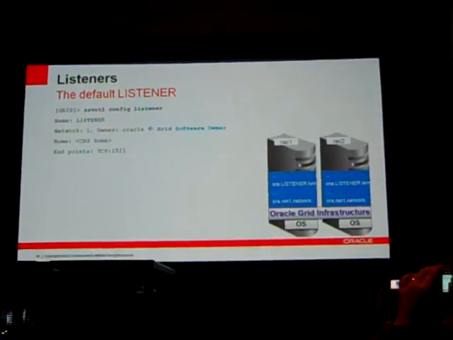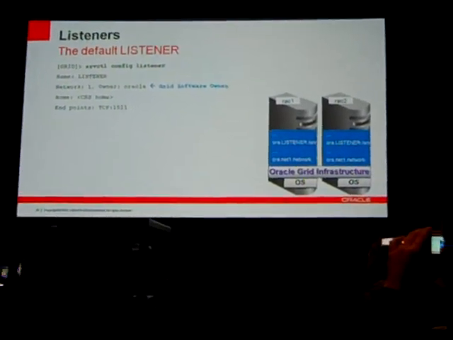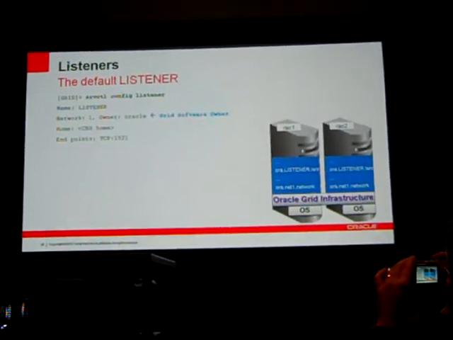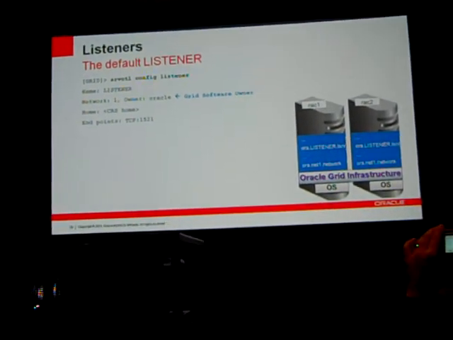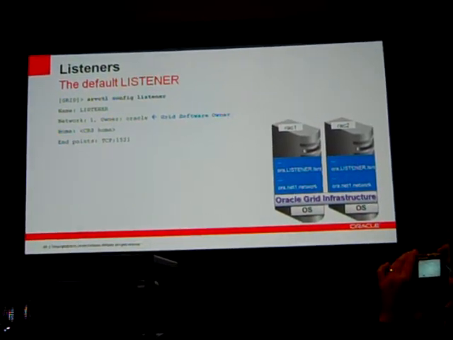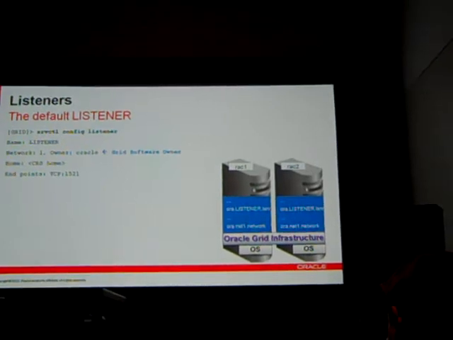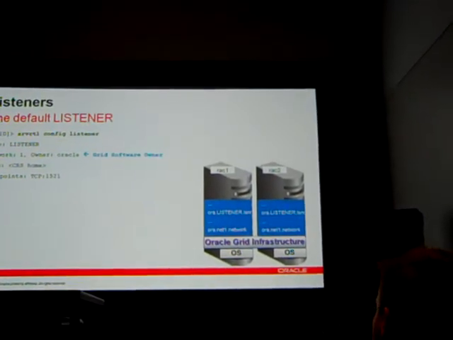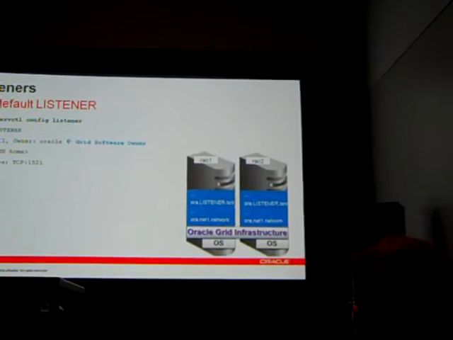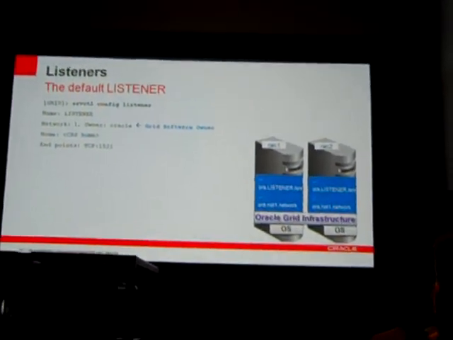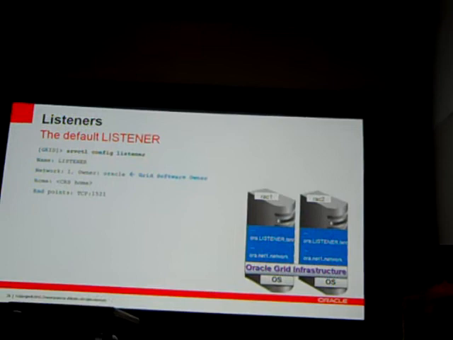Let's look at the listeners one more time. You configure listeners these days by default when you install grid infrastructure. Now, the one thing that happens then is that this listener will by default run as the user that installed the grid infrastructure, which may not be the Oracle user. That can impose a problem because if the local listener runs as the user grid, this is a listener that will establish the foreground process against the database.